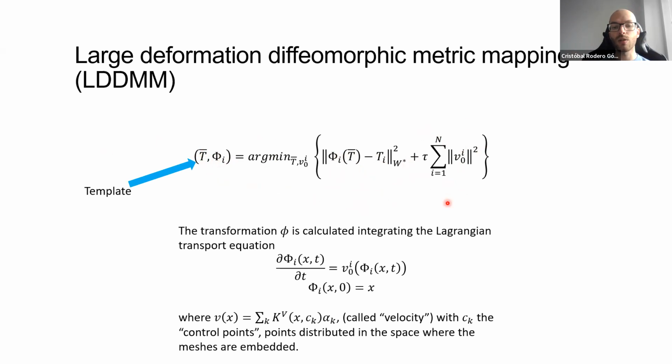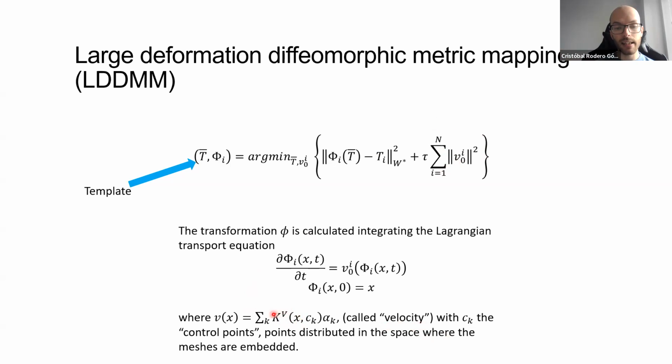And so the idea is then to use the transport equation to find the shortest path from each one of the samples to the template, or the other way around, where this regularization technique is called velocity. Again, that doesn't have to do anything with velocity in our case, but it started in physics.